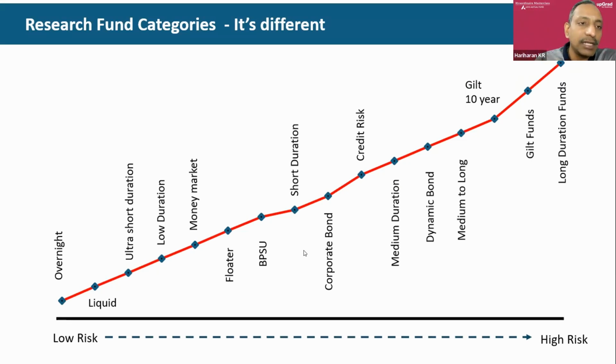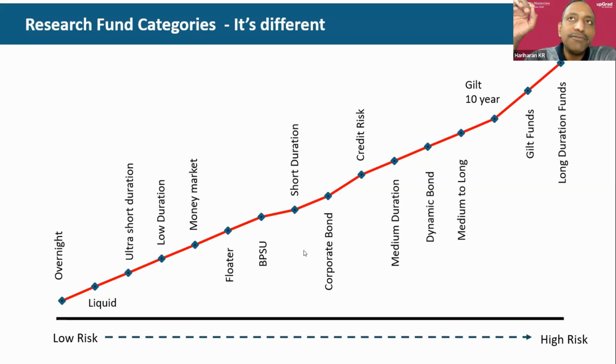FlexiCap gives flexibility, and therefore I would say it is relatively less risky even than a focus fund, because the biggest risk a focus fund faces is concentration risk: I am putting money in only 20, 30 stocks at best. And even if 3, 4 stocks don't do well, I am taking a hit of 10, 12% straight away, right?